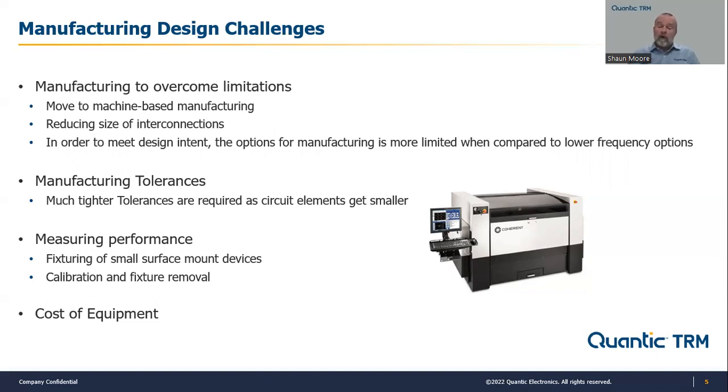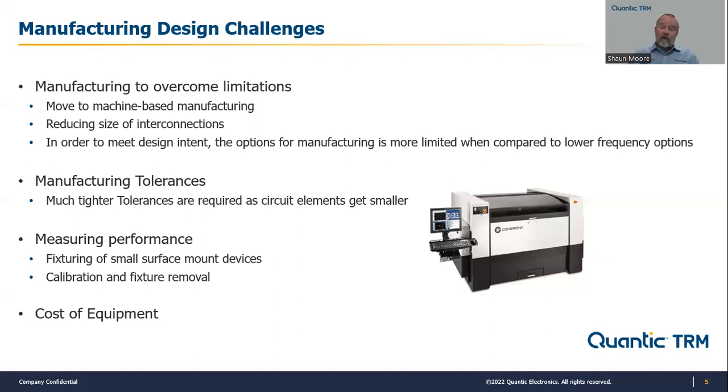So part of what we're looking at doing now as we move up higher and higher in frequency is to try to move into a manufacturing process which is more machine-based, and therefore removing the human variation of assembly and manufacture. So as parts get smaller and smaller, we're going to rely more and more on machine-based manufacturing to make sure that we can have a repeatable circuit and a repeatable interconnect between sections, as well as other vias that are in play.